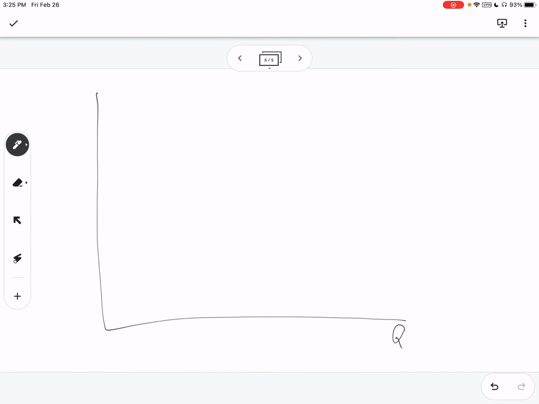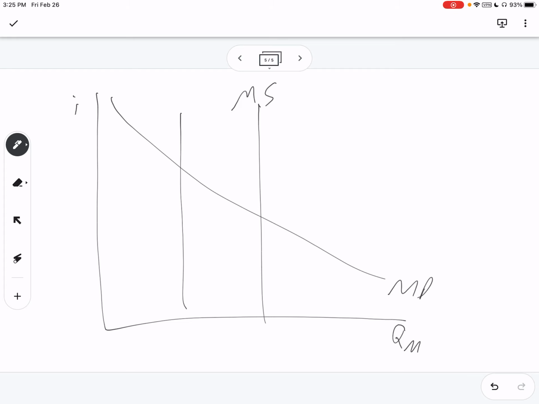So we get quantity of money, demand for money, and money supply. Okay, so if it's doing contractionary monetary policy, again, what it sounds like, it's going to contract the money supply, which means less money in circulation. So the money supply curve will shift to the left.